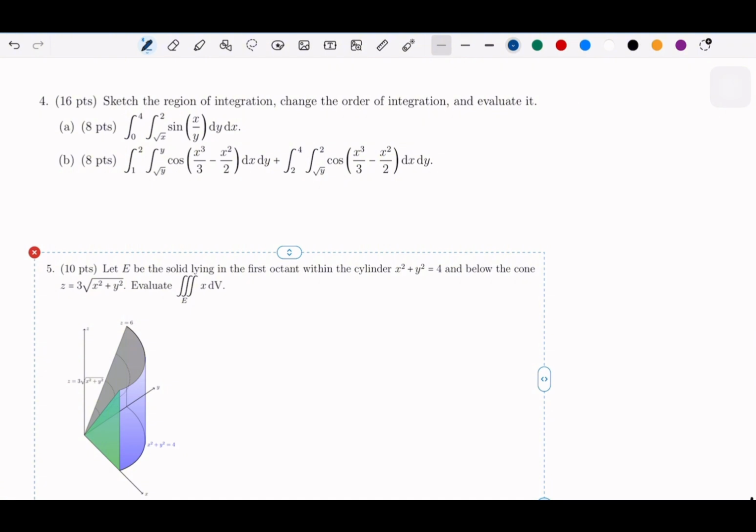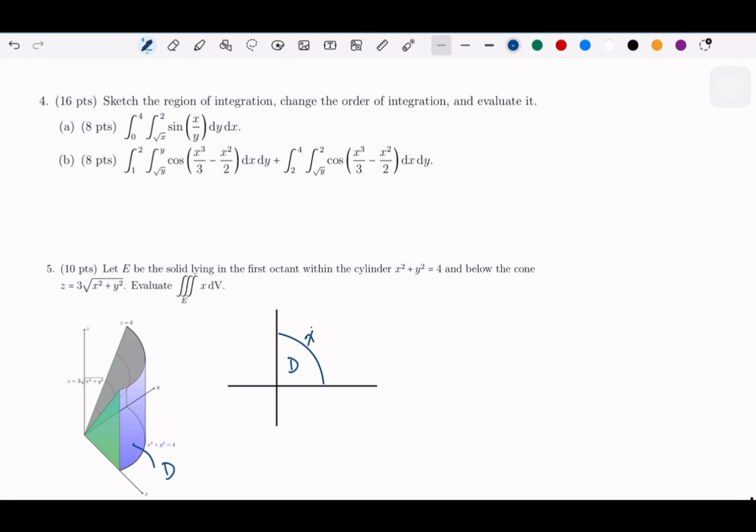So this is D. D is x squared plus y squared equal 4. So first, r is from 0 to 2. And then theta is from 0 to pi over 2, right? Okay, so at least we know the D.